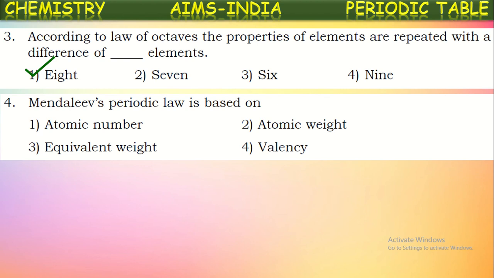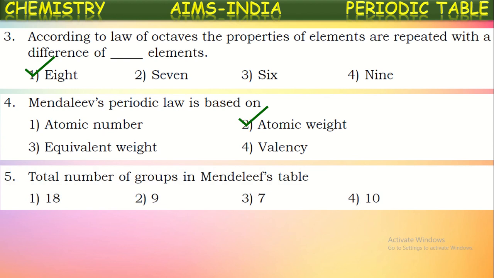Even Mendeleev tried to classify elements by writing them in increasing order of their atomic weight. So Mendeleev's periodic law is also based upon the atomic weight of the elements. Next one: total number of groups in Mendeleev's periodic table. Yes, there are 7 groups in Mendeleev's periodic table.